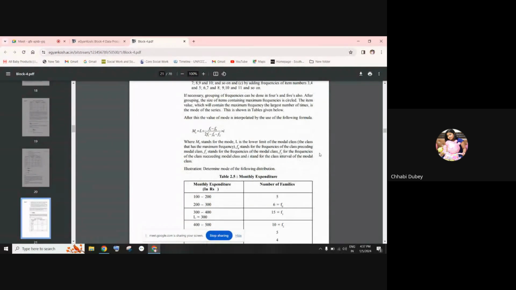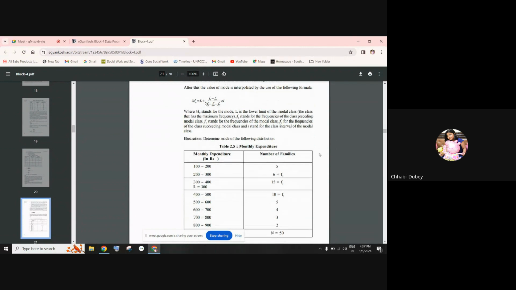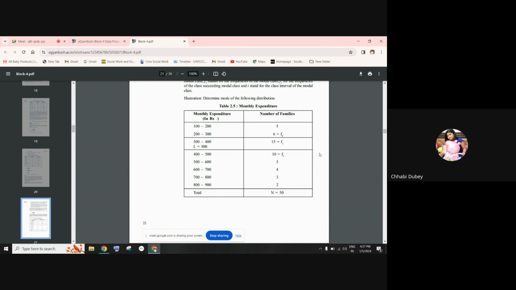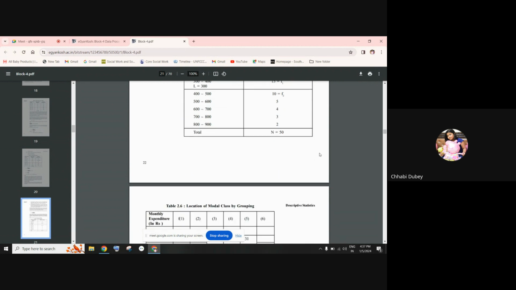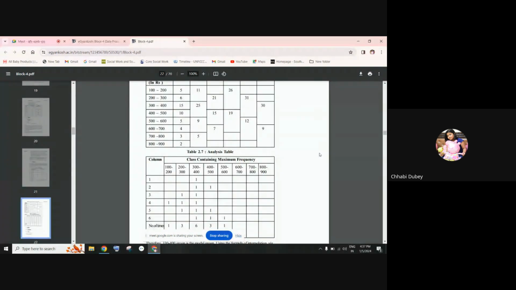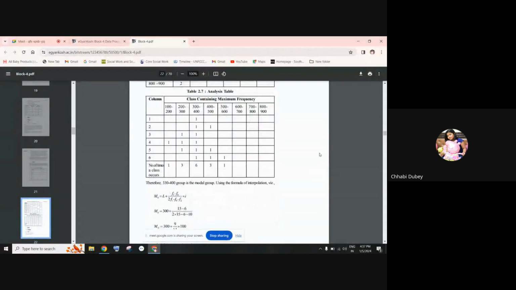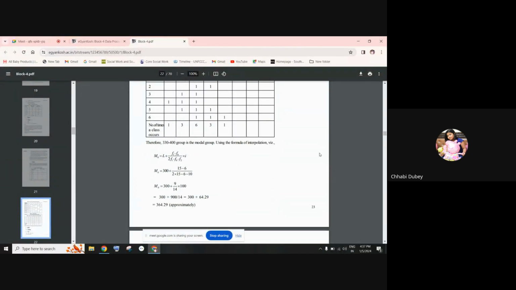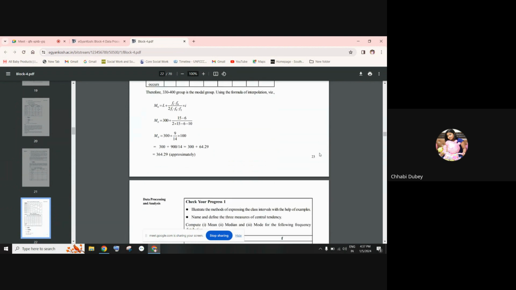They have explained this by the table, by this example where you're dealing with the monthly expenditure and the number of families. And then here we will find out the mode, which will be represented by the highest number of frequencies that are occurring in that particular class interval. Okay. So here we will be using the formula again for the calculation of mode.